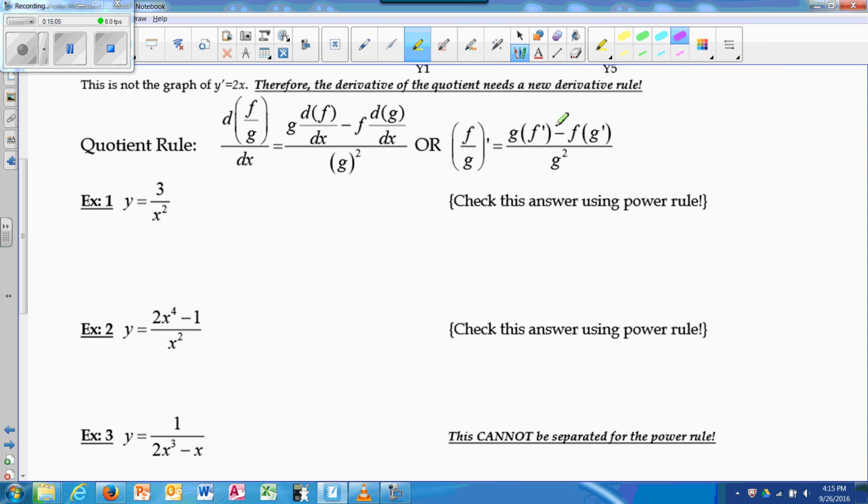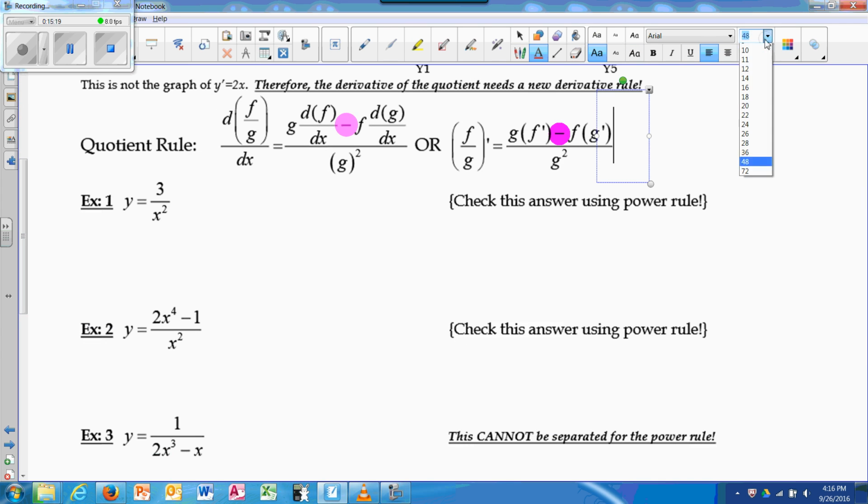This rule looks very similar to the wife swap rule we just used, but remember the product was plus, the quotient is a minus sign. The way that I tell my students each year to memorize this is you're going to memorize this as a rhyme, a mnemonic device.